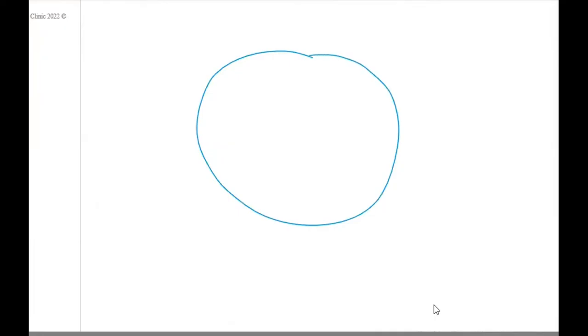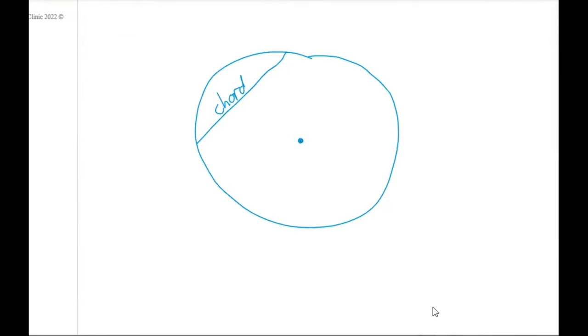So if I've got a circle, sorry, it's not a very beautiful circle. Drawing a line from one side to the other side, we call that a chord. Okay. Then obviously we all know what the center of the circle is, so we shouldn't have an issue with that.